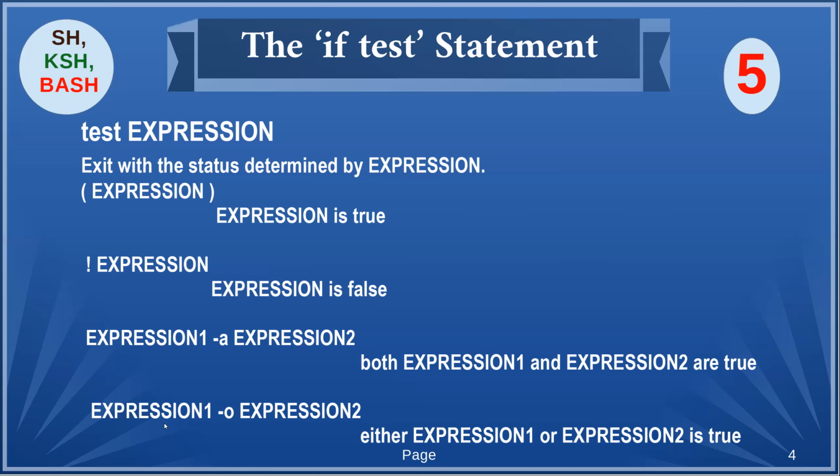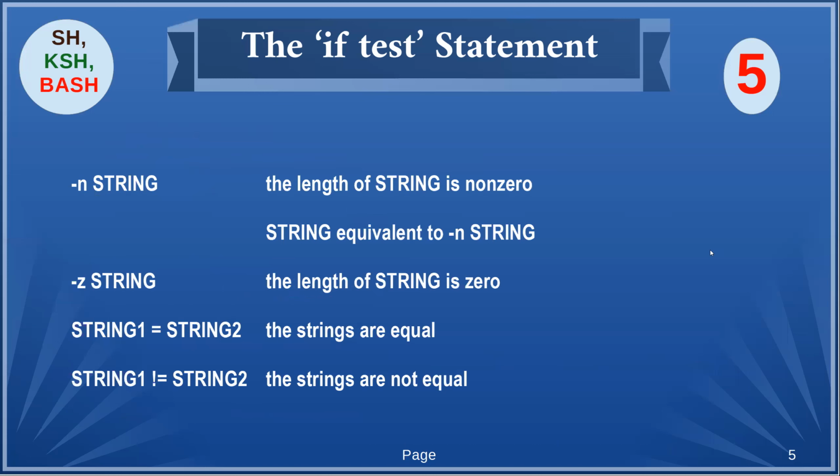In computer science programming languages, we call it short circuit: if expression 1 is true, you don't even have to check the or part, because in an or statement, one or more of the expressions has to be true in order for the statement to be executed. So if expression 1 is true, or expression 2 is true, or both are true, the statement is still executed.